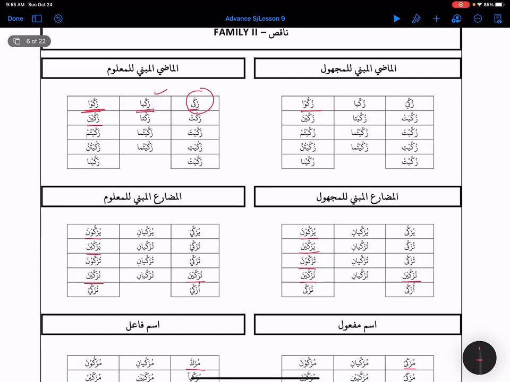Because the middle root letter has a fatha, and then when we have ya, it changes to au. Whenever the middle root letter has fatha, then in siga huma it will take au sound. The rest, for example if we have e sound, will take u sound. This is how it becomes zakkau.